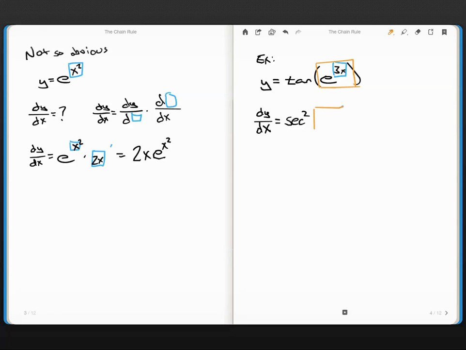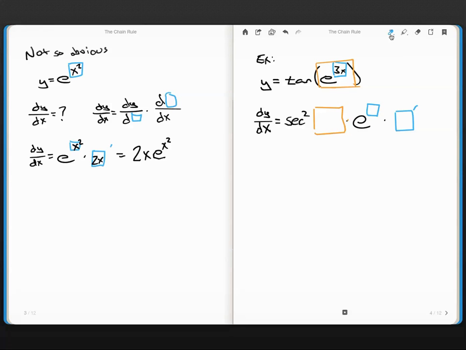That's just how the trig one works. Times the derivative of this, which is just e to the blue box. But that doesn't change either. Finally, times the blue box prime.